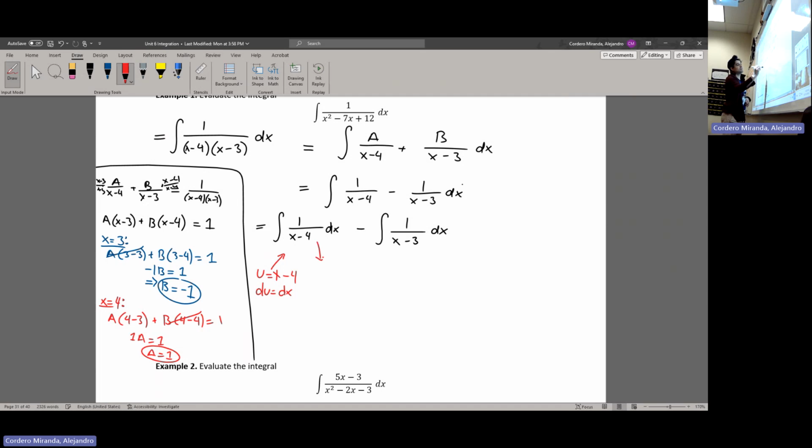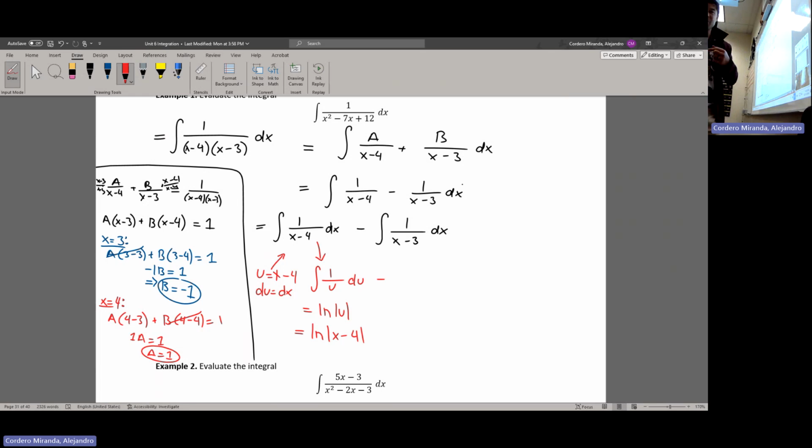So this first integral turns into 1 over u du minus, I'll deal with that second integral in a second, and then this turns into natural log of absolute value of u, and u was x minus 4. So it's just going to turn into the natural log of the bottom of this.